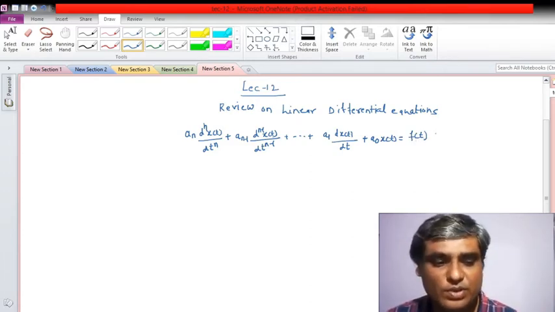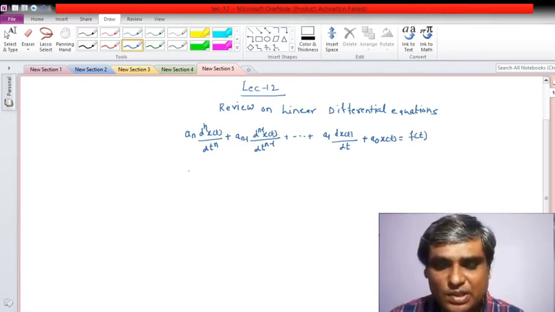Some function is equal to f(t), right? So in this, let me point out some 3-4 points.